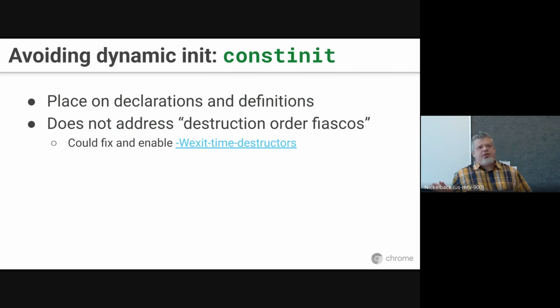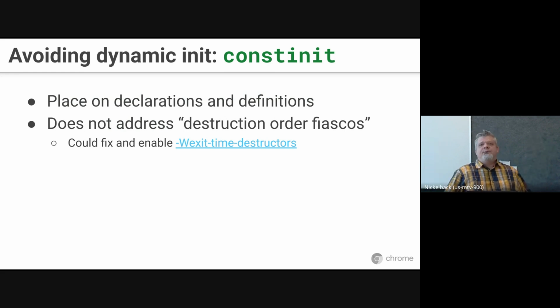The one problem with this is it doesn't address destruction order fiascos, which can also happen. Like if you tear down one variable and then while you're tearing down another variable, that other one refers back to the value of the first one. That's basically the same problem as the static init fiasco, but at destruction time, we do have those in Chrome.